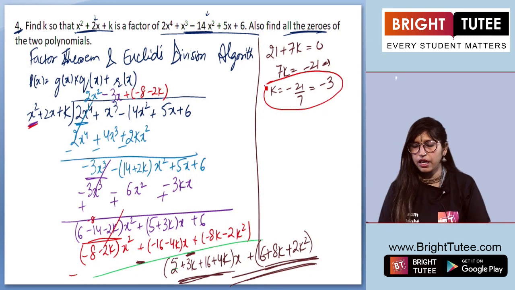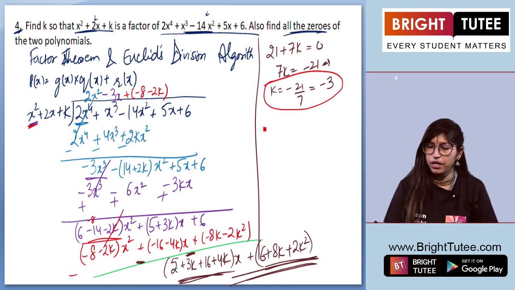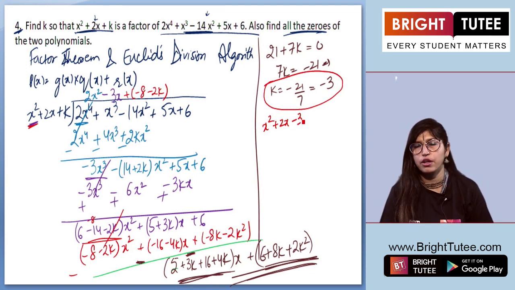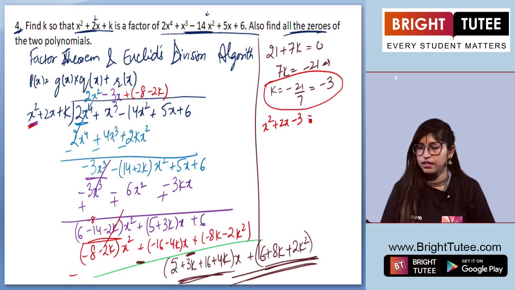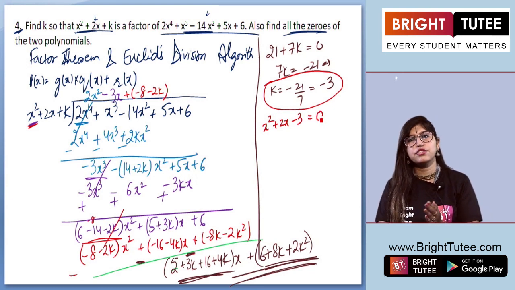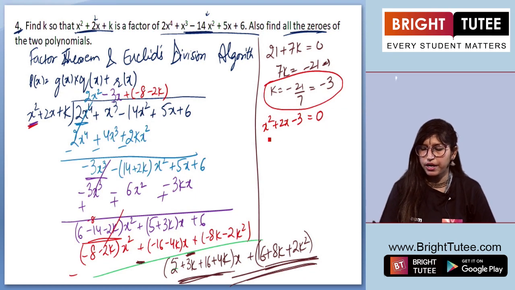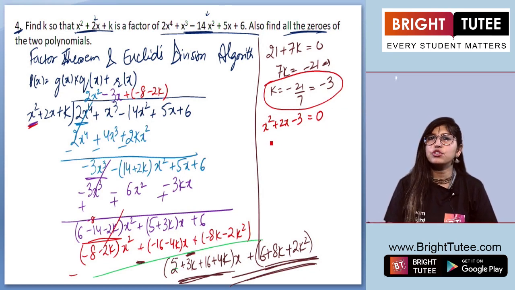Now we can write it down that the polynomial is x square plus 2x minus 3, and the other polynomial which we are already aware of. We need to find the zeros for these polynomials as well. If I solve it again, we need two terms. After adding two terms we'll get 2 and product will be minus 3.